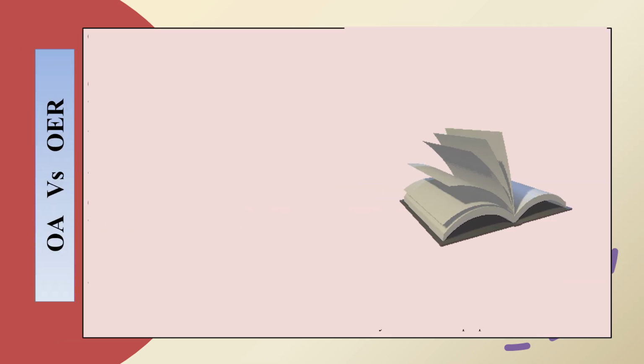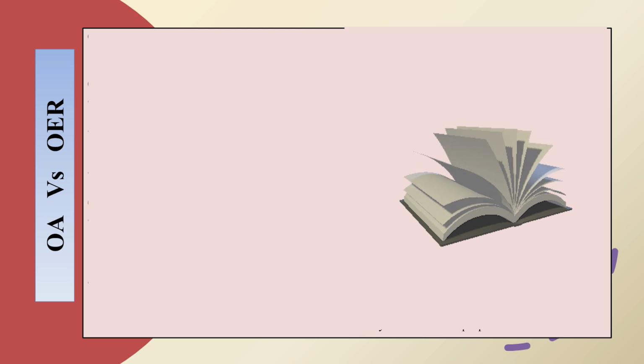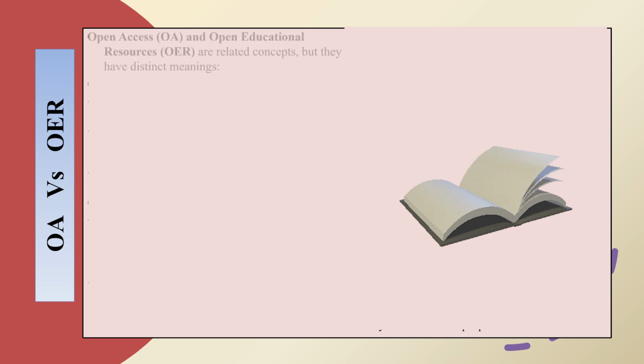Now, friends, I will talk about open access versus OER, because open access and OER are similar terms, or are they? This has to be discussed very well. Open access and open educational resources are related concepts, but they have distinct meanings.